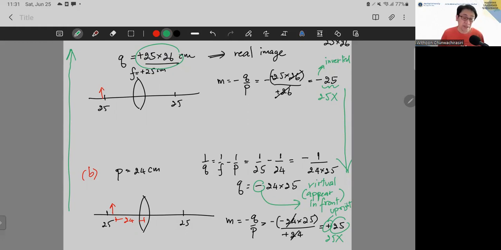That means it stays on the same side as the object. This is the magnifying glass. Think of it that way. When you place your magnifying glass in front of a letter, it will appear larger. But this one is huge. It's like 25 times larger. Okay. Very nice.